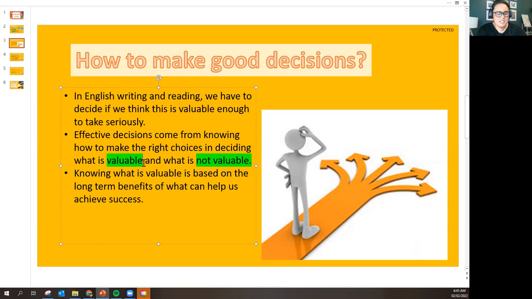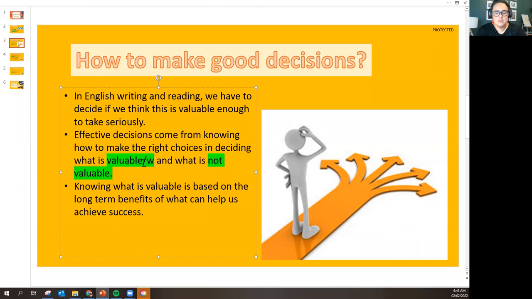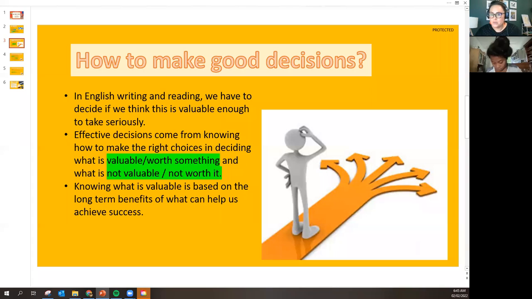So I'll just write that down. Valuable also means worth something, and not valuable means not worth it. So if you want to write those two words down as well, that'll be great in your workbooks.